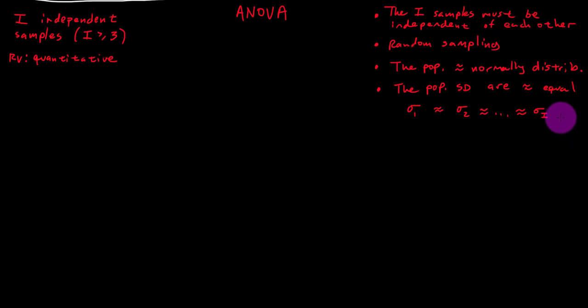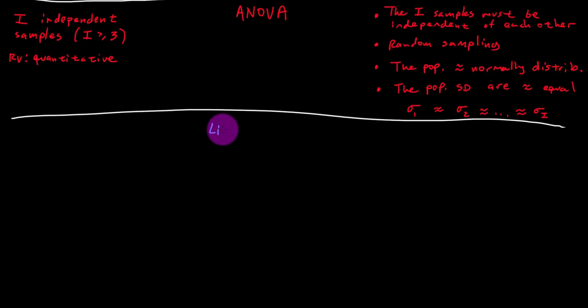In our course, we did not discuss how that is verified in detail, so we're going to kind of just swim past that. However, that is a criteria for the validity of ANOVA. Last on our list of hypothesis testing techniques that we have seen was embedded within linear regression.